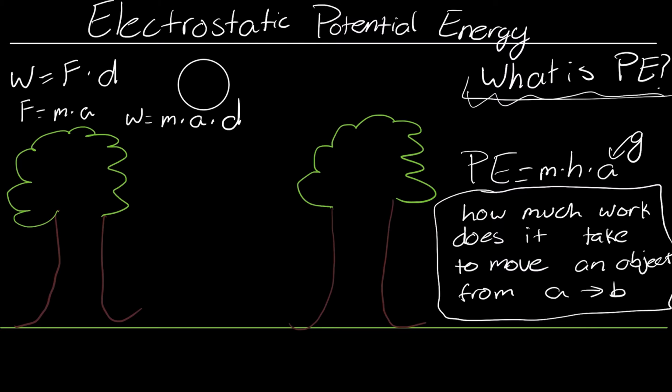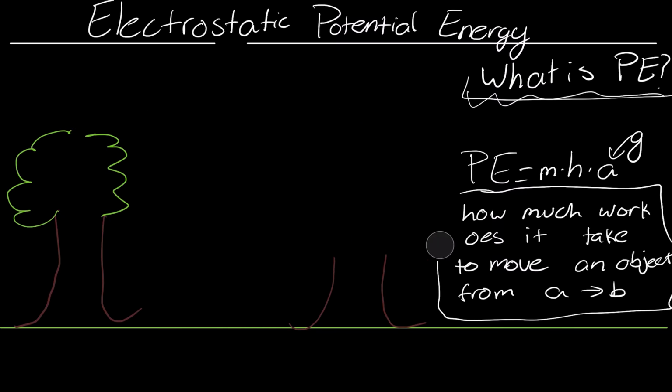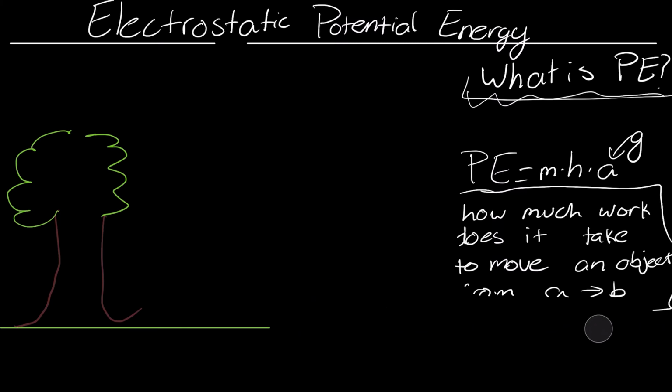And now that you understand the gravitational potential energy, we can go ahead and transfer over to the electric potential energy, okay? So let me go ahead and erase this, okay? Just a little bit of clutter over here. I'm gonna leave the formula for potential energy just for reference, okay?